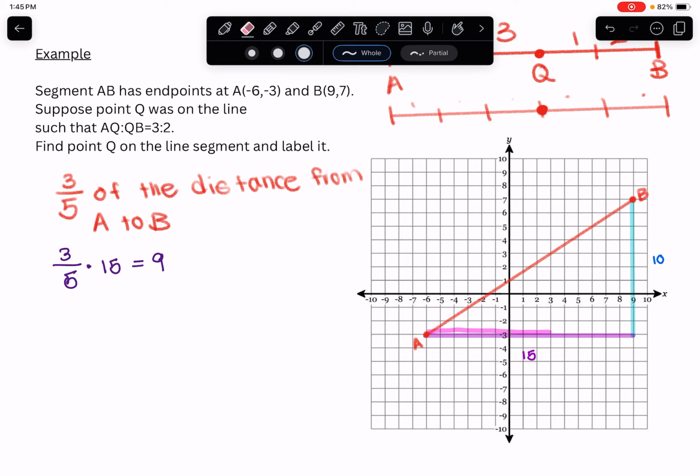So this is where we're going to stop when we're finding Q. And now we do the same thing with the rise. 3/5 of your original rise, which gives us 6. So now, instead of going up 10, we're only going to go up 6. 1, 2, 3, 4, 5, 6.